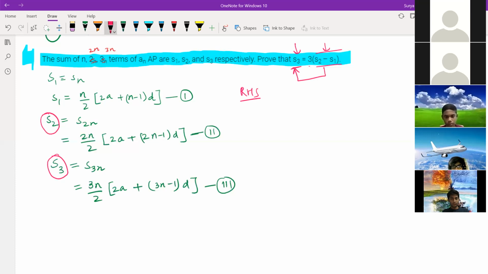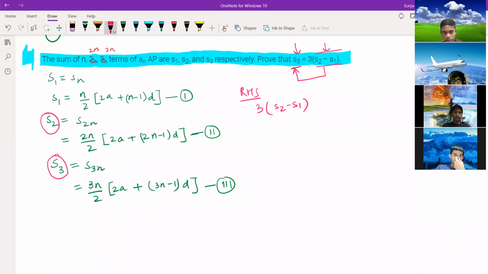For the RHS part, what can we write? 3 into S2 minus S1. Praharshan, it's clear to you? Yes, sir. So 3 I am writing as it is.